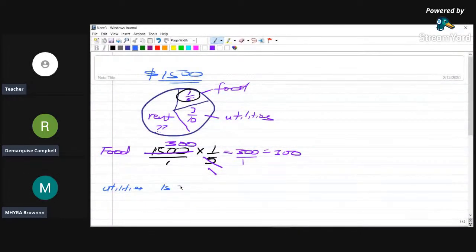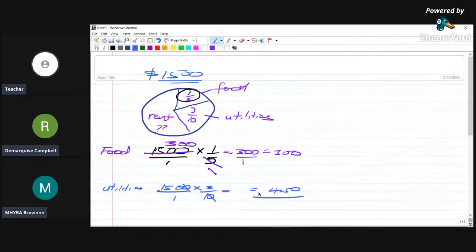This would be again 1,500, but now we're going to multiply it by what? 3/10. All right. So now we're going to divide both sides by 10. If we divide this by 10, divide this by 10, then we are left with 150 now multiplied by 3. So 3 times 150 gives us what? 450. All right, cool.